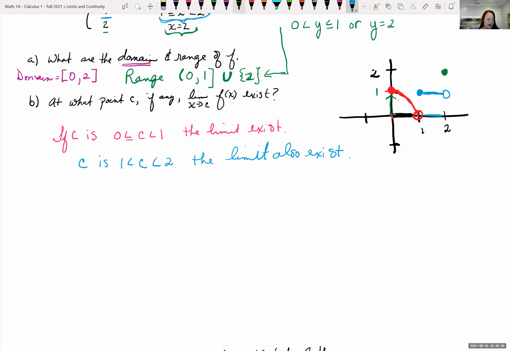So again, I think the better question is, when does the limit not exist? So what values in the domain does the limit not exist?